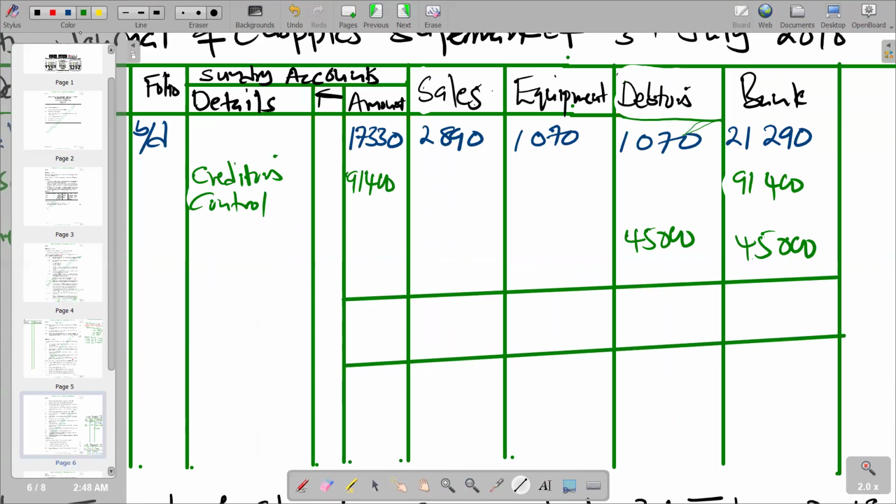So we add the sundry accounts column, 17,330 plus 91,400, and then we get 108,730, and then 2,890, and then the next one on the equipment.